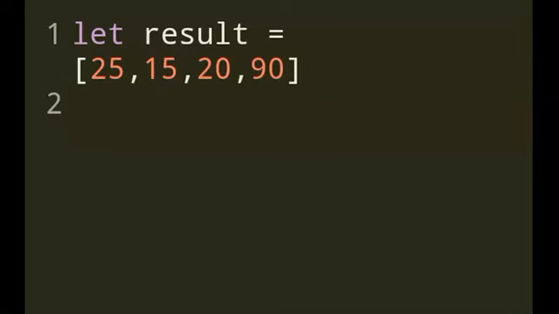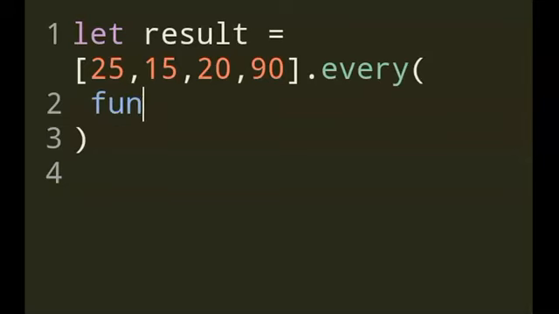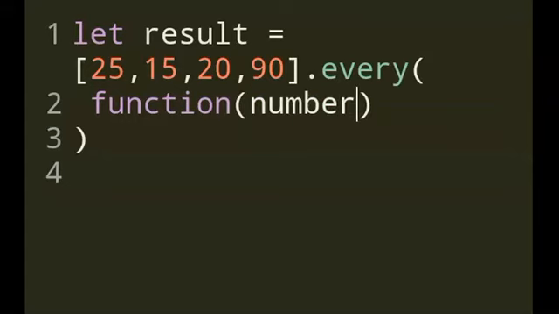Let's work upon this. Dot every, and then the parenthesis. Function. So let this function work upon it. Let's call it function number. So what should it return?